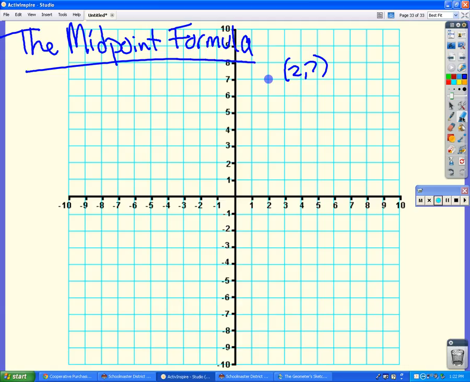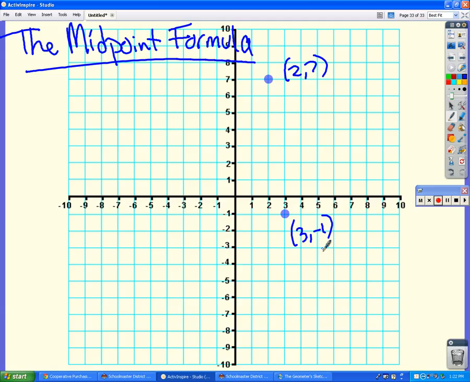And somebody else give me another one. Matt? 3, negative 1. Okay, awesome. So there's our 2 points, randomly selected by the studio audience. Okay, we're not told beforehand what points to choose. So we're going to be able to find the exact midpoint between those 2 points.